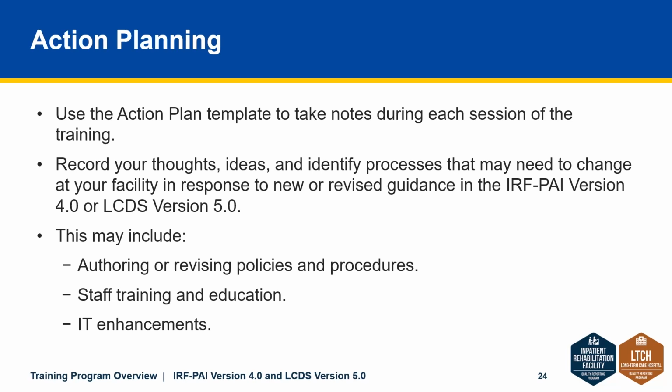You can use it to take notes and record your thoughts and ideas and identify processes that may need to change at your facility in response to the new or revised guidance in the IRF-PAI version 4.0 or LCDS version 5.0. And this may include things like authoring or revising policies and procedures, training and education for your staff, and possible enhancements to information technology at your facility.